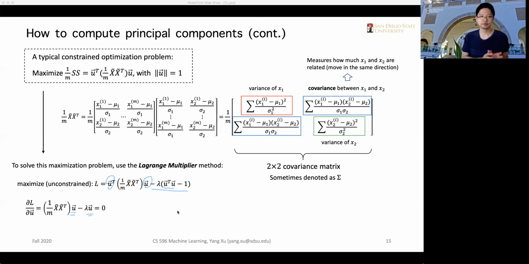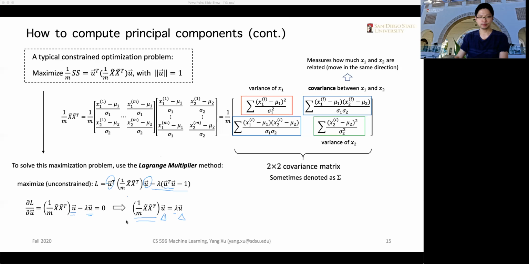So we want the derivative to be 0 because it is the maximum point that we want to find, right? So this whole equation needs to be 0, and we can solve it as if it is a linear function, right? So we have a bunch of things on the right. On the left, it is the covariance matrix times u equals lambda times u. Okay, so it becomes a set of linear equations we can easily solve.